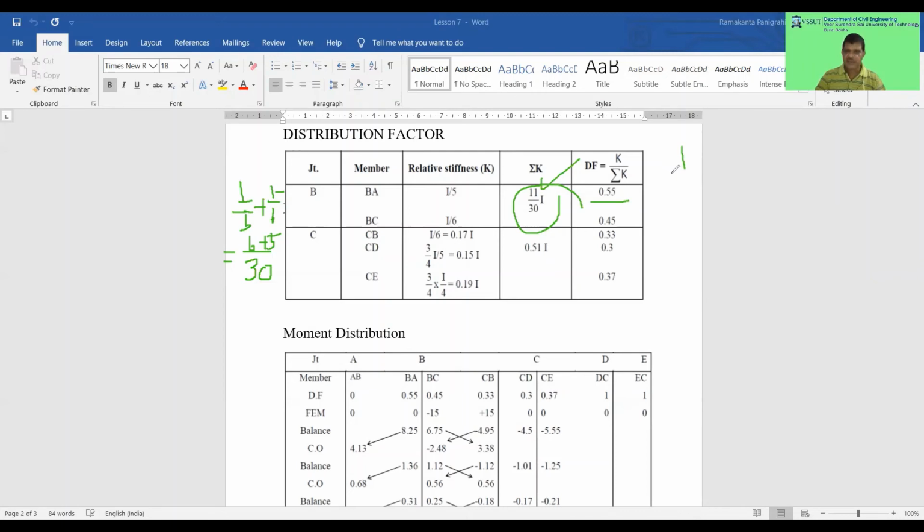So you can say I by 5 divided by 11 I by 30. I will cancel, and 30 will go on top, so 30 by 55.